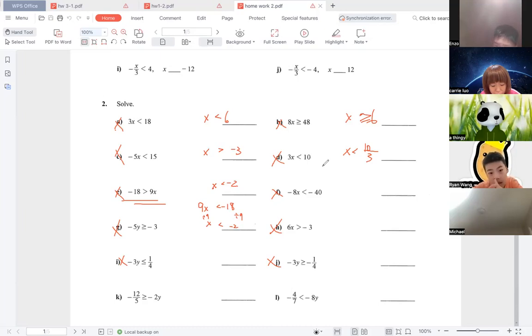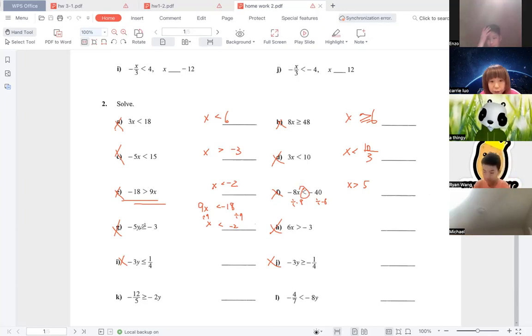What? So x is bigger than +5, okay? So it's divided by -8 and divided by -8. Every time you times a negative number or divide by a negative number, the sign switches. Okay? Understand?